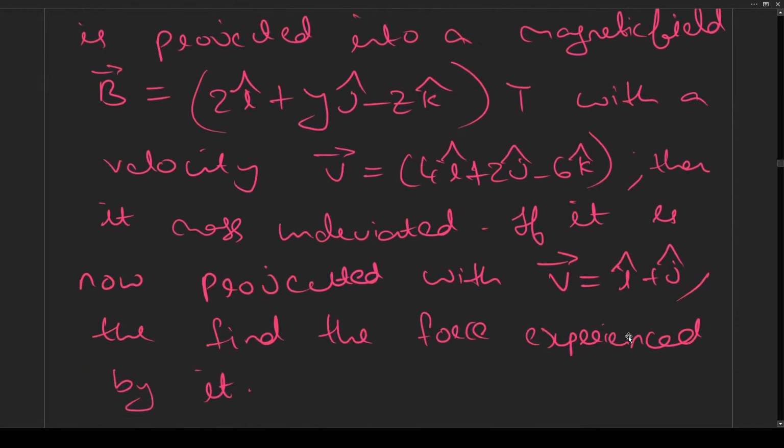The important points here are, in the magnetic field B, they did not provide the j cap and k cap coefficients, but from the velocity we can find the y and z values, because they said an important thing, that the particle passed undeviated, meaning either the angle between velocity and magnetic field is 0 degrees or it is 180 degrees.